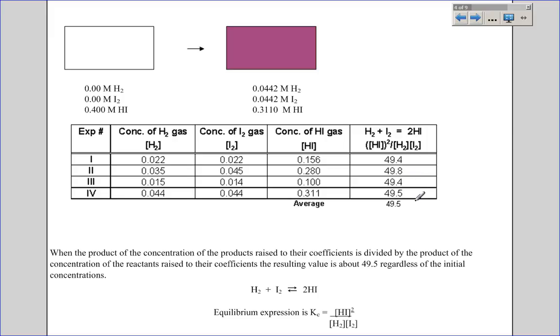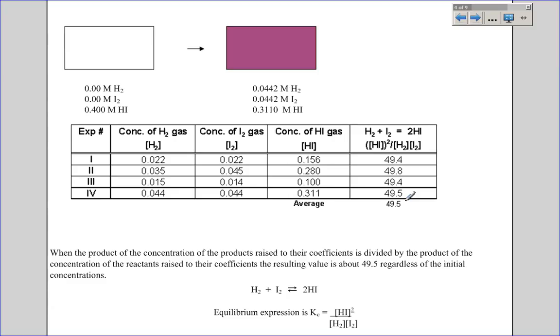And the average value here is 49.5. This expression is called the equilibrium expression. And the equilibrium law is that this expression, this scenario that I plugged into, will always equal a constant for a system that's at equilibrium.